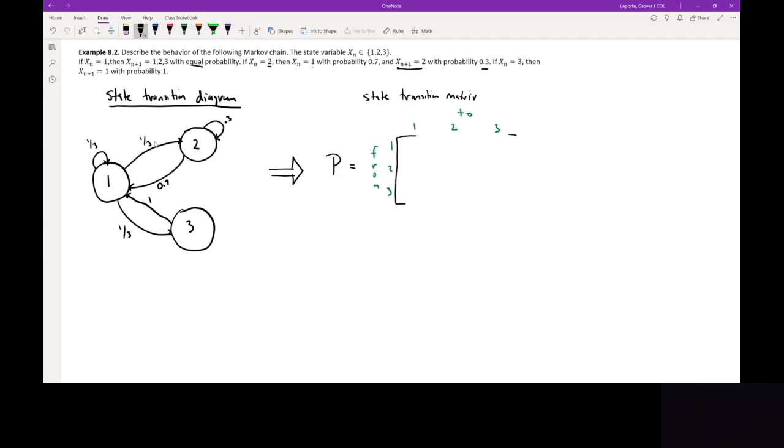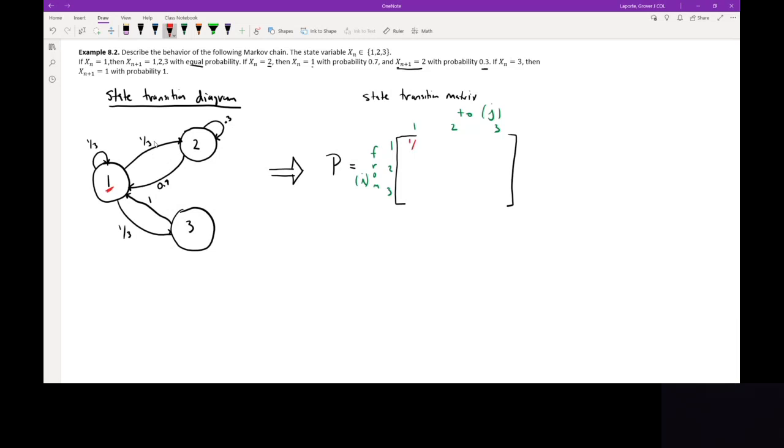Then we can put the probabilities, the p_ij. So these are your i's and these are your j's. Okay, so what is the probability that if I'm in state 1, I go back to 1?